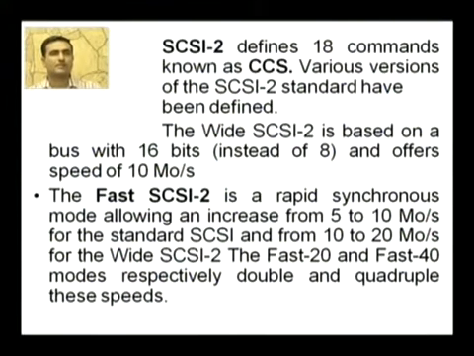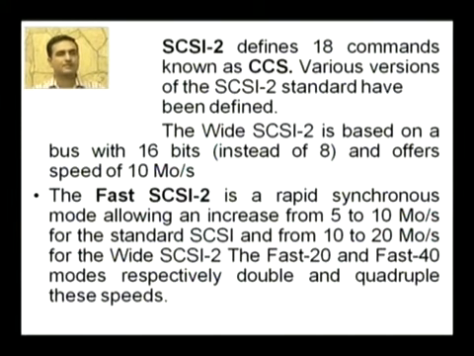Various versions of the SCSI 2 standard have been defined: wide SCSI 2 and fast SCSI 2. The wide SCSI 2 is based on a bus with 16 bits, as in SCSI 1 there was an 8-bit bus, but in SCSI 2 there are 16 bits, and it offers double the capacity of SCSI 1. There was 5 Mbps, now there is a speed of 10 Mbps.